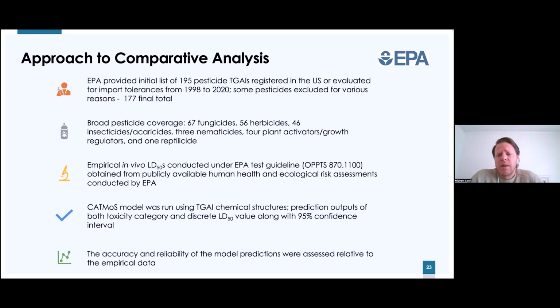The accuracy and reliability of those predictions were assessed only relative to the existing guideline in vivo data that EPA uses for labeling and risk assessment. This is an important point because although open literature in vivo data might produce different results and reflect greater variability, the standard used by EPA for registration is the EPA test guideline. Next slide, please.